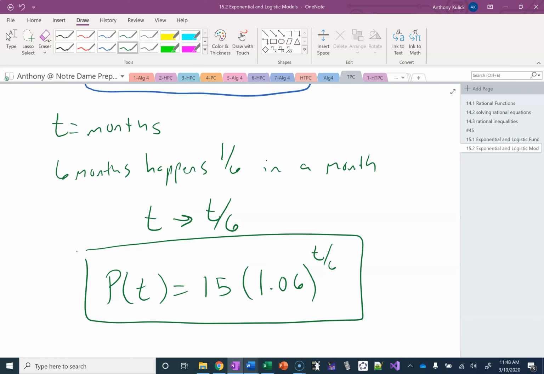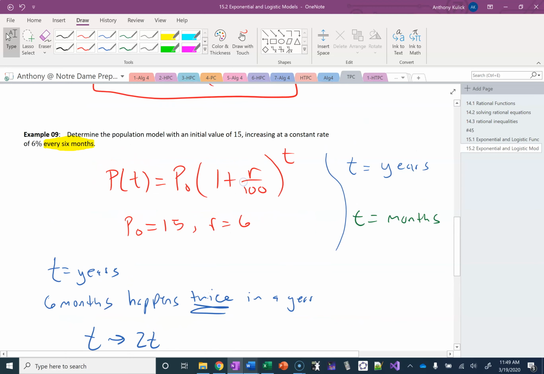In general, the way that this works is if the time interval that the change occurs in is less than the time unit for t, you're going to end up with a coefficient. If the time interval that the change is occurring in is bigger than the unit we're measuring t in, it's going to create a divisor.